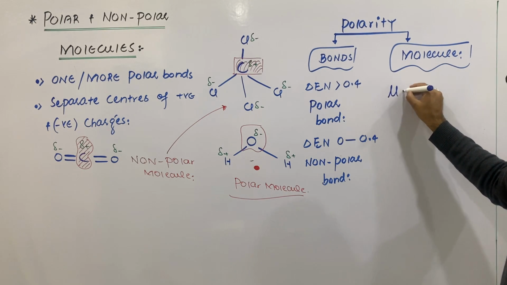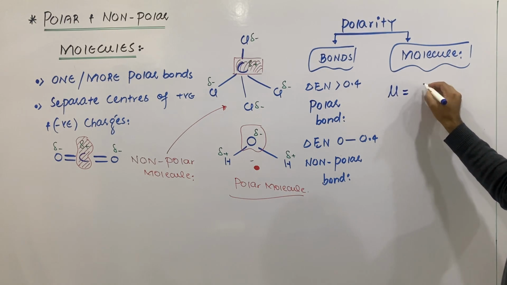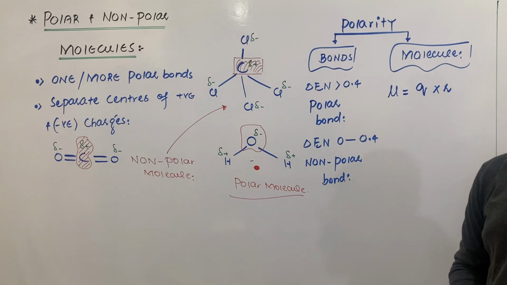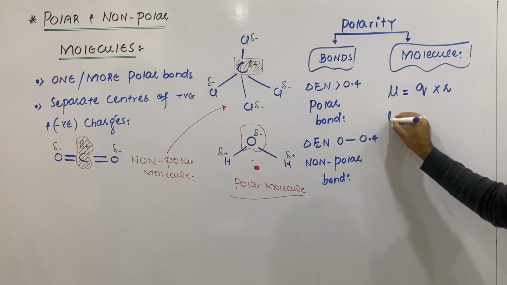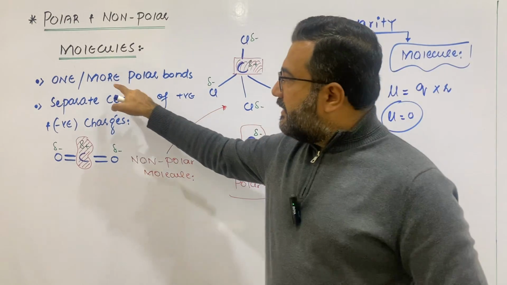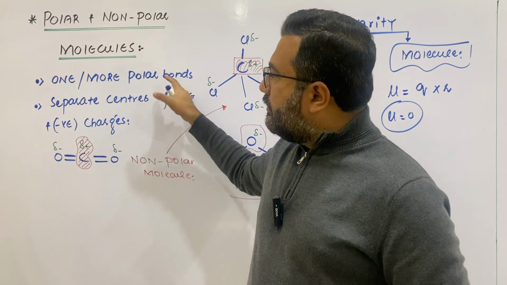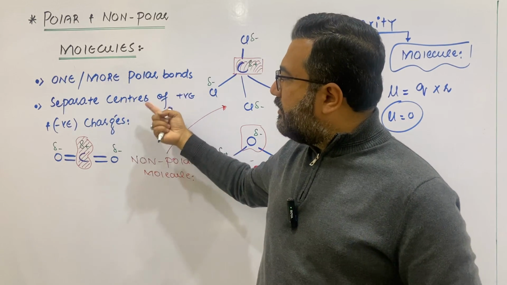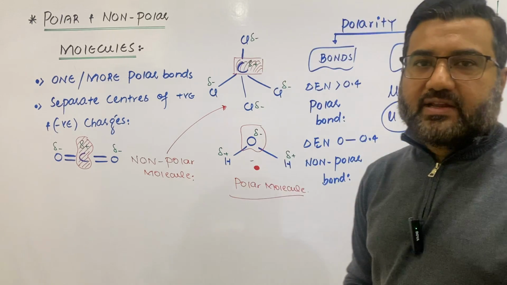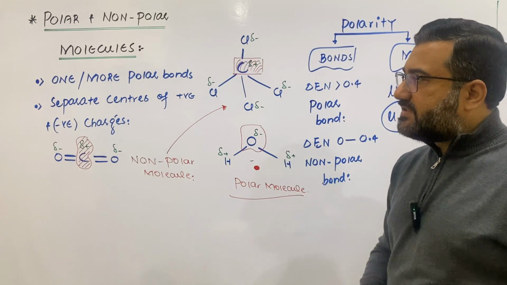The polarity of a molecule is decided by the dipole moment, that is the product of the charges and the distance between the charges. The dipole moment is zero when there are no polar bonds in the molecule, or if the molecule has polar bonds, then the bonds are directed in a way that the positive and negative charges have the same centers.